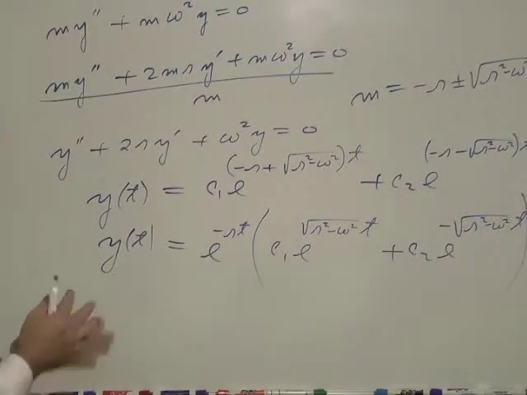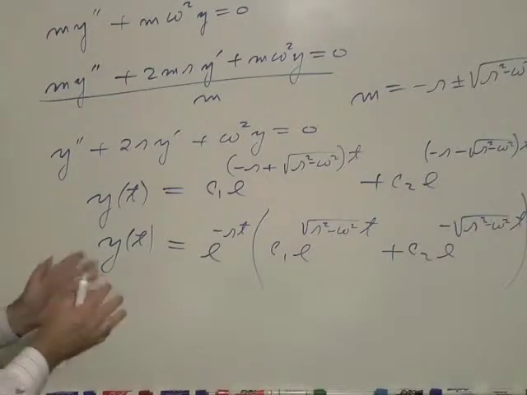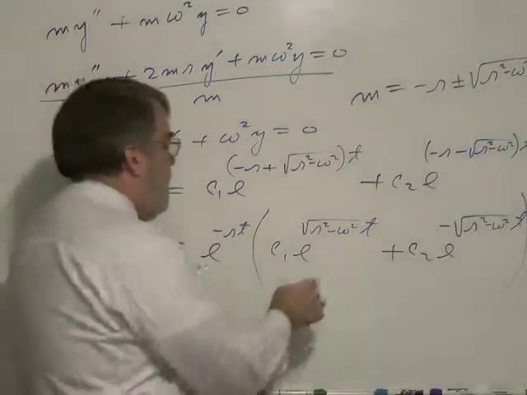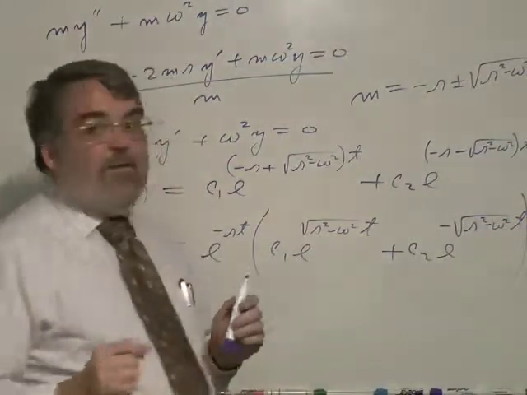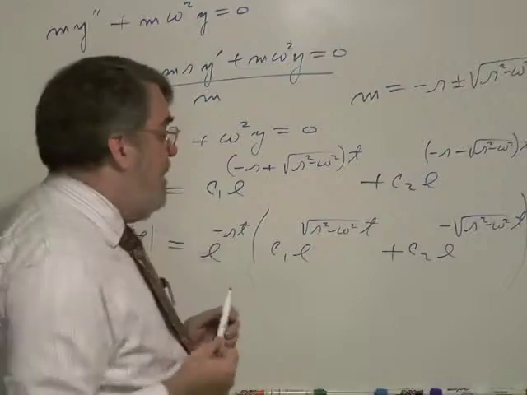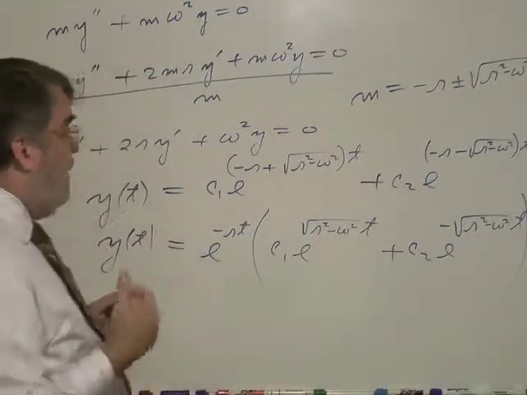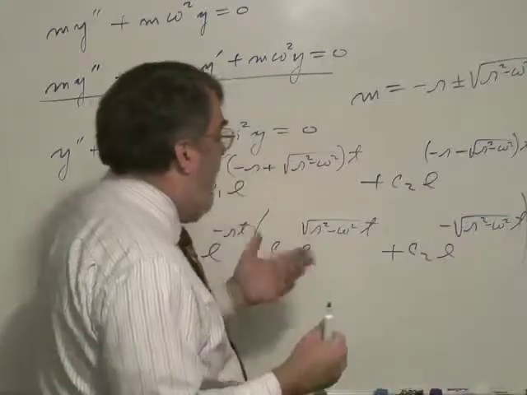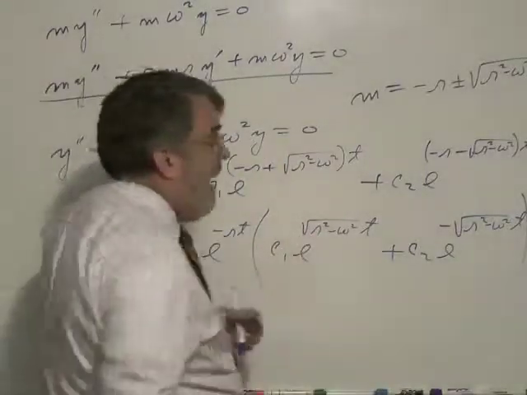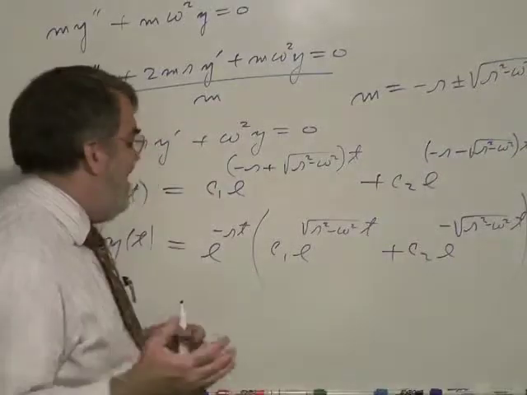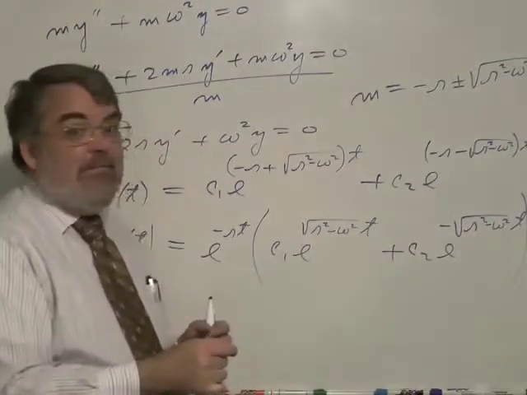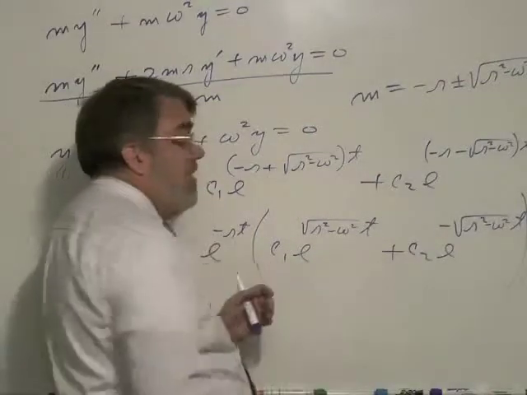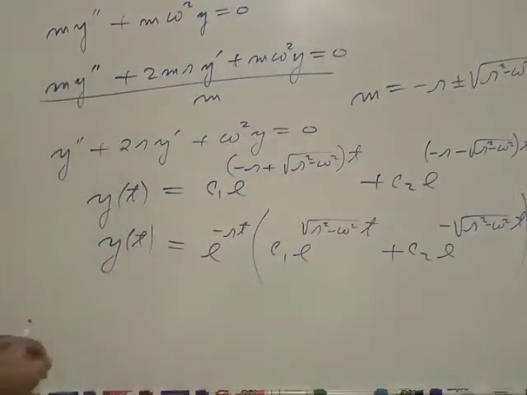Okay, now we have a couple things to look at here, and what happens when r squared minus omega squared is positive. That's our first case. And if it's positive, that means the square root is a real number. What happens when r and omega happen to be equal? In that case, that's 0. And so I would just have e to the minus rt times c1 plus c2. That's an interesting case.